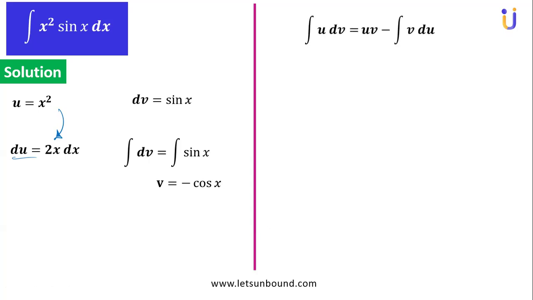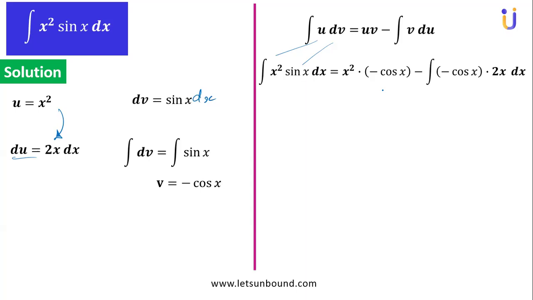Now write the formula and plug in those values. uv: your u is x square, v is minus cos x, minus the integral, and apply the formula itself. First one is done. The second one is 2x cos x dx.